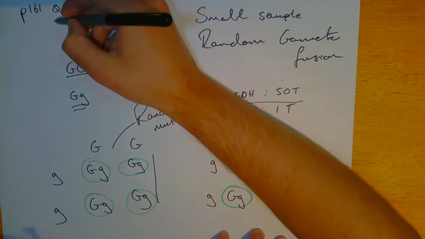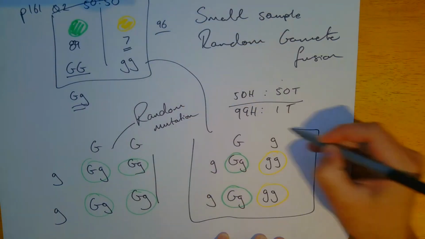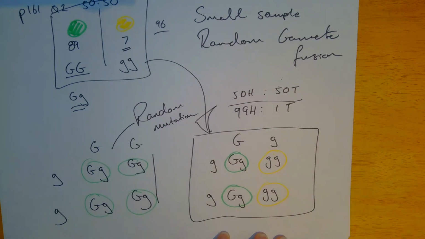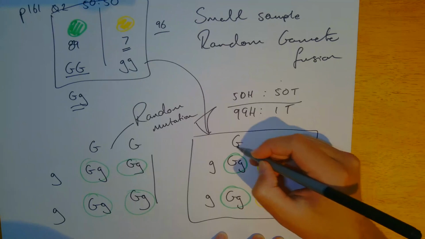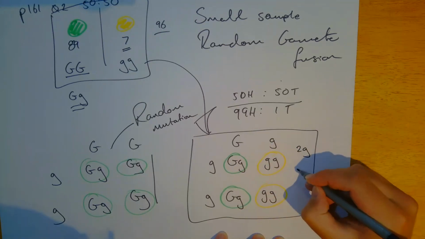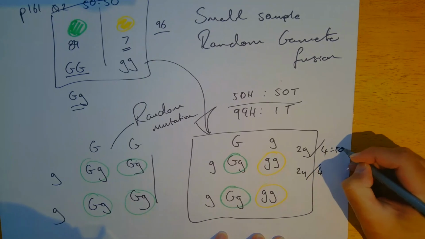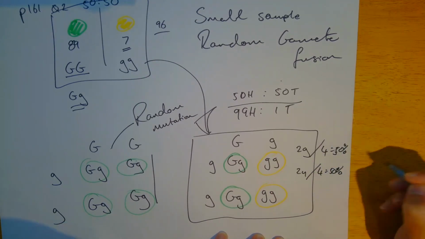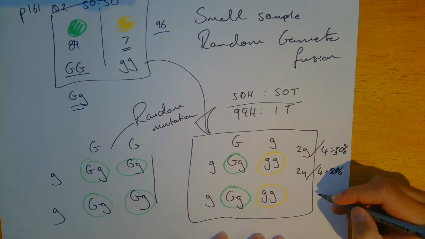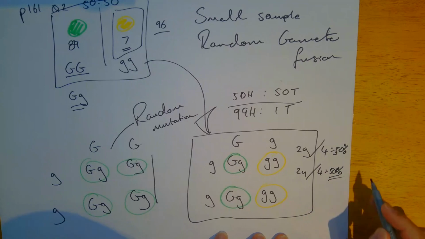So in this cross that was described, we look at the chances of making yellow pods, and we see that there is 2 green and 2 yellow out of 4, giving me a 50% probability on both sides. So we'd say that the probability is 50%. The actuality is this, but the probability is 50%.